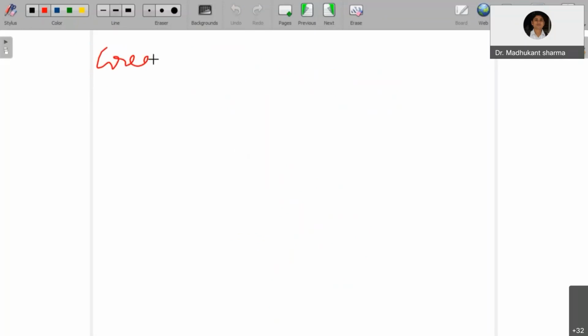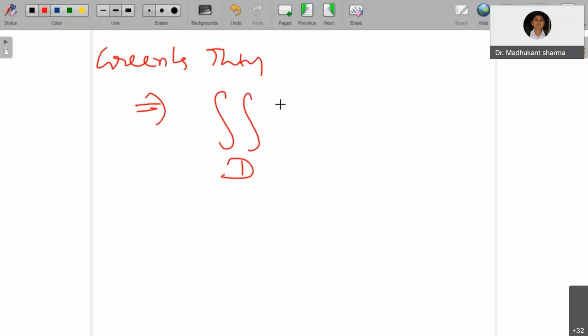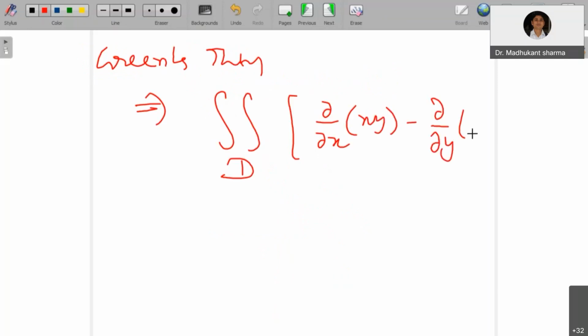So Green's theorem implies that the line integral is equal to the double integral over D of the partial derivative of the dy component with respect to x, that is x times y, minus the partial derivative of the dx component with respect to y, that is x to the power 4, dx dy.